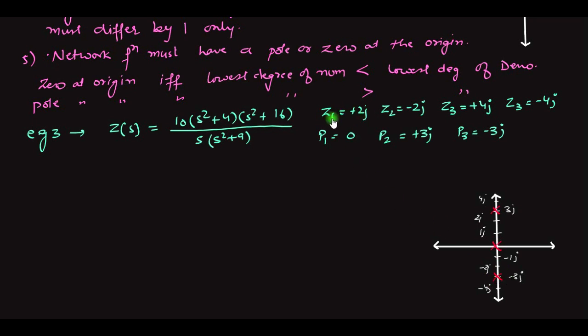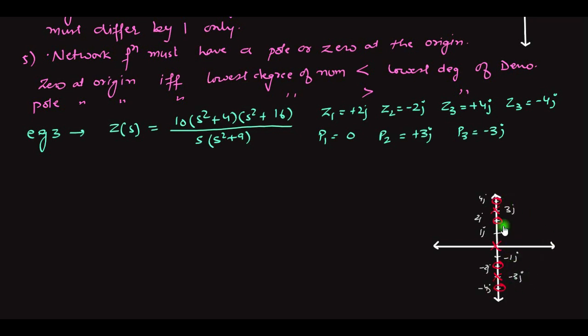Now the first 0 is lying at plus 2j, so I will put a circle here. The second 0 is lying at minus 2j, so I will put a circle here. The third 0 is lying at plus 4j, so I will put a circle here. Similarly, the fourth 0 is lying at minus 4j, so I will put a circle here.